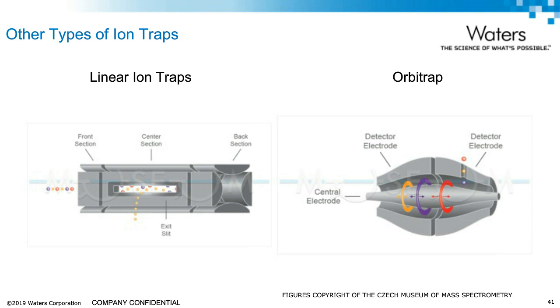The Orbitrap is a trap consisting of an outer barrel-like electrode and an inner spindle-like electrode that traps ions in an orbital motion around the spindle. The current from the trapped ions is detected and converted to a mass spectrum by processing the data using the Fourier transform of the frequency signal. Both of these types of ion traps are seen regularly in the modern mass spectrometry lab.